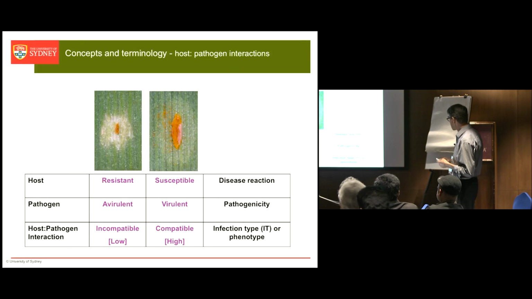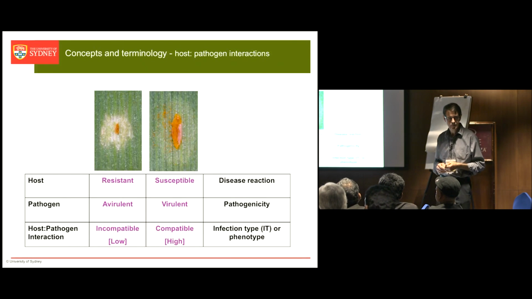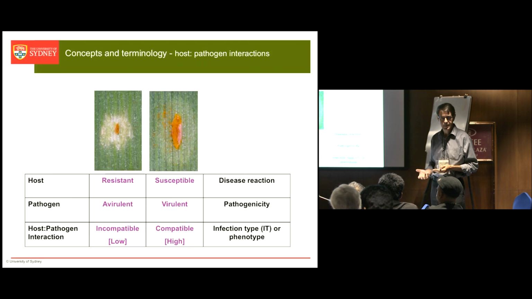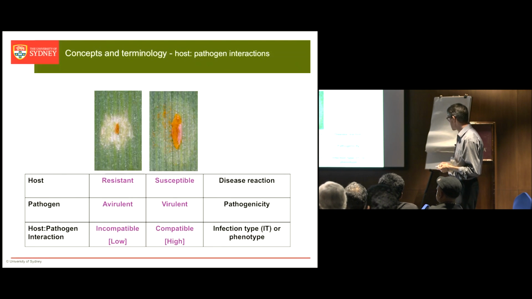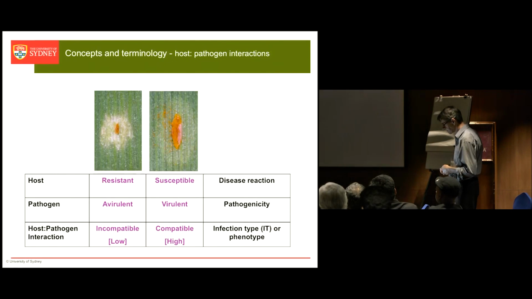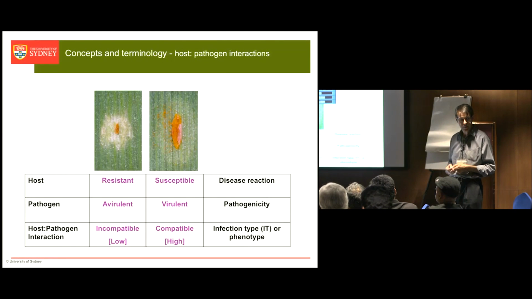And when we're talking about that, we would call the one on the left an incompatible interaction. Sometimes we say this is a low infection type. The one on the right we call a compatible interaction. The outcome is compatibility. We call this a high infection type. So the trait there is either the phenotype, right?